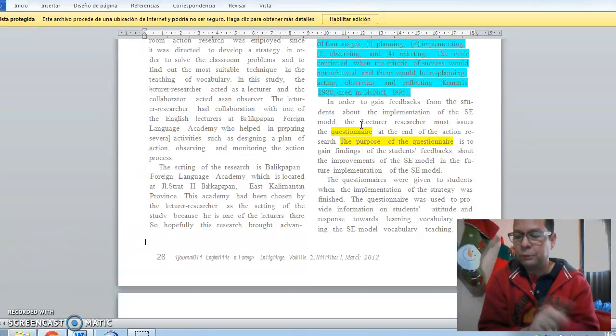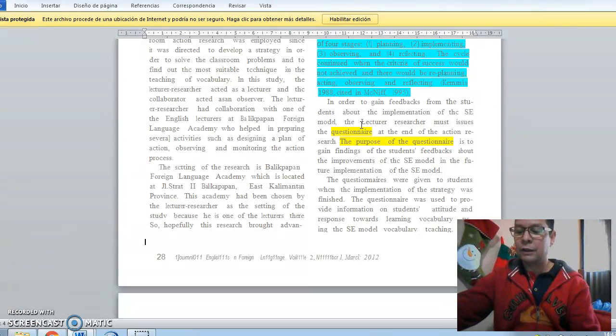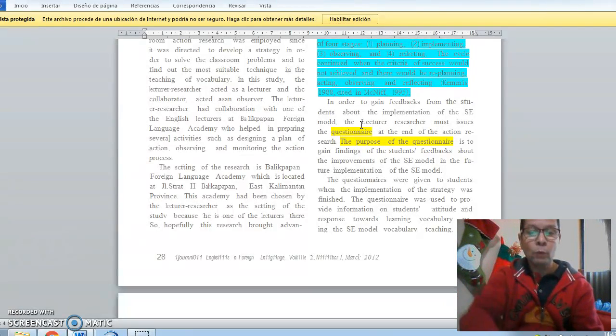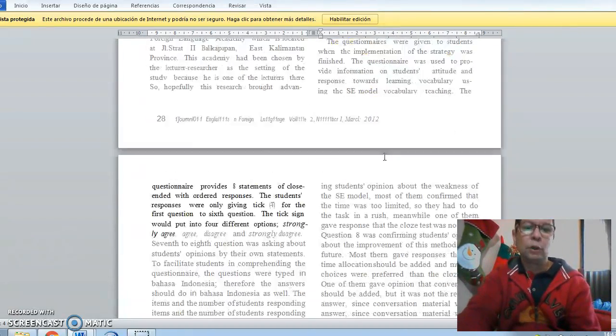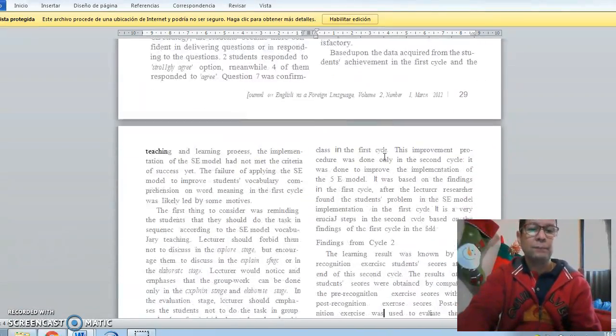It was used to provide information about the students' attitude and response to vocabulary learning, which is another characteristic of quantitative research.